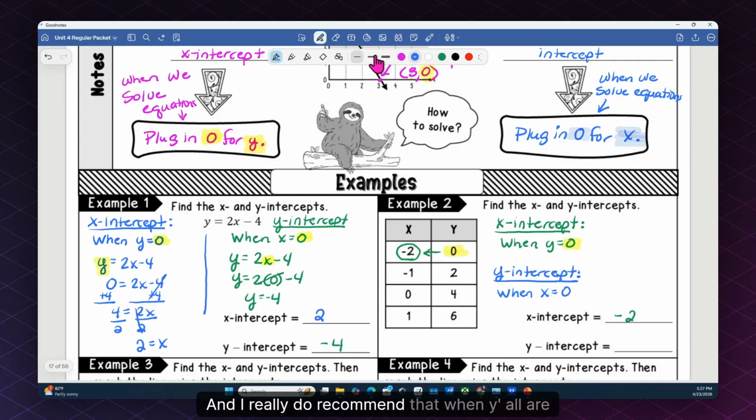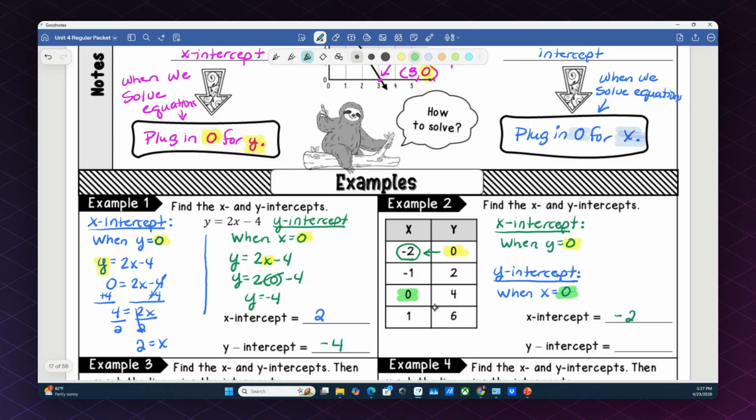Okay, and I really do recommend that when y'all are solving this, take the time that it takes to write stuff down and puzzle through it, to write down your train of thought, because it helps math become clearer with time when you're constantly writing it down and showing everything and reading over what you write. So we can look over here on this x side and we can find when x is 0. So when x is 0, the y-intercept is 4. Okay, so that's pretty easy.